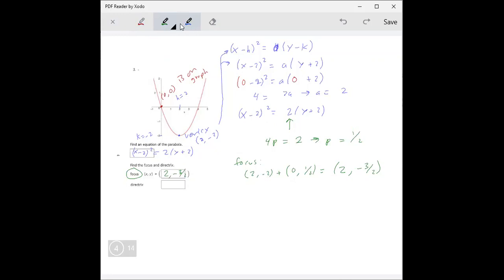And the directrix will be in the opposite direction. So you start with the vertex and you go down. So that's -5/2. Okay, so y equals -5/2 because it's a horizontal line down here. So the vertex is right there, directrix down there. Okay, any questions about this?